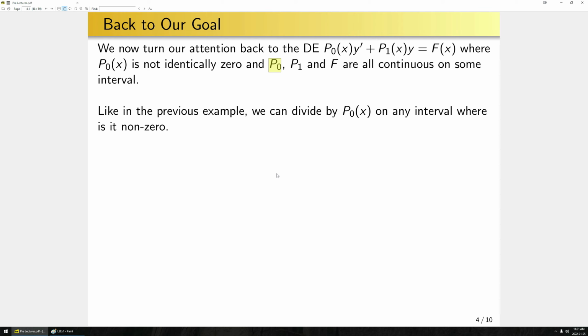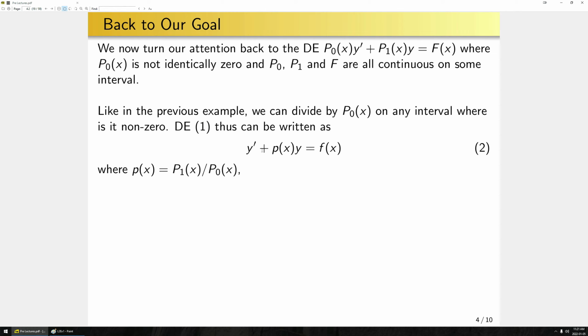Okay, so if I do this, this differential equation up here, DE number 1, can be rewritten in a cleaner way to work with. Explicitly, it can be rewritten as y prime plus this p of x times y is equal to little f of x. Here, p of x is simply the quotient of p1 and p naught, and little f is simply the quotient of big F and p naught.